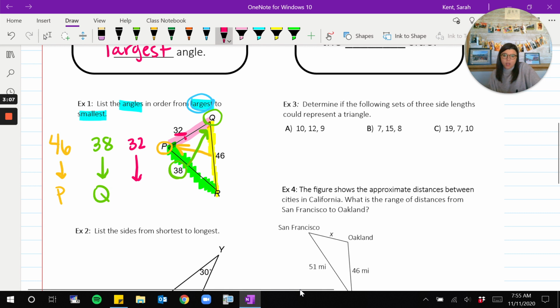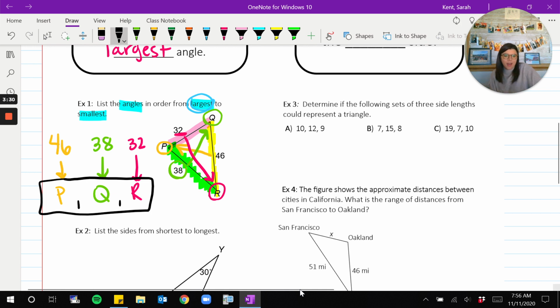If I look across from 32, I land at angle R. So when we put them in order, angle P is the largest, then angle Q, then angle R. So this would be our final answer.